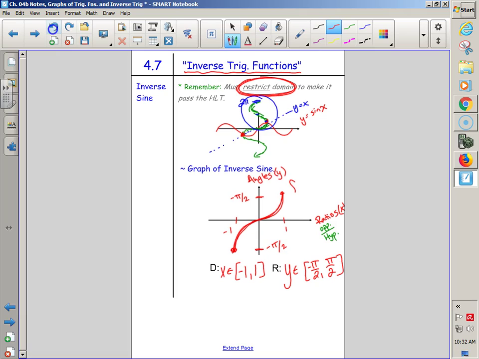This is going to be f inverse of x, or sine inverse of x. Call it f inverse if you call y equals sine your f. But they're actually just going to call it y equals sine inverse of x. We're talking about the inverse. This is sine inverse.